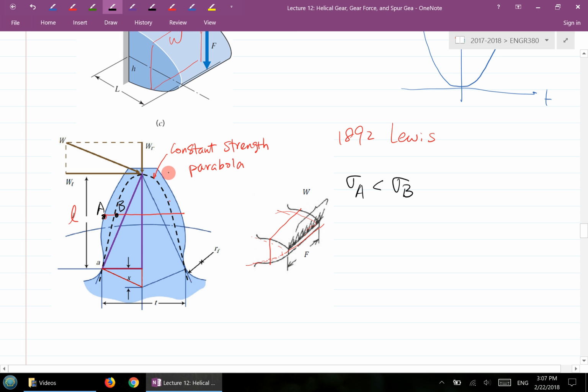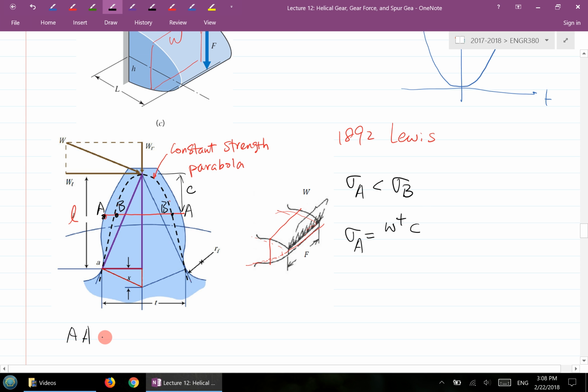So how do you show that? Essentially, let's call the distance from here to here C. Consider this as a cantilever beam under the load WT, so the moment is WT times C. At the A location, let's call this section AA, and this one BB.